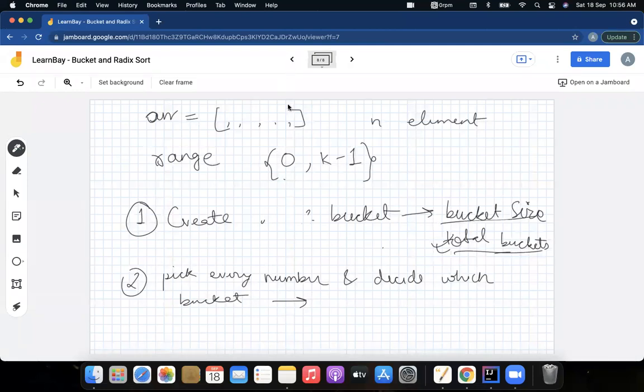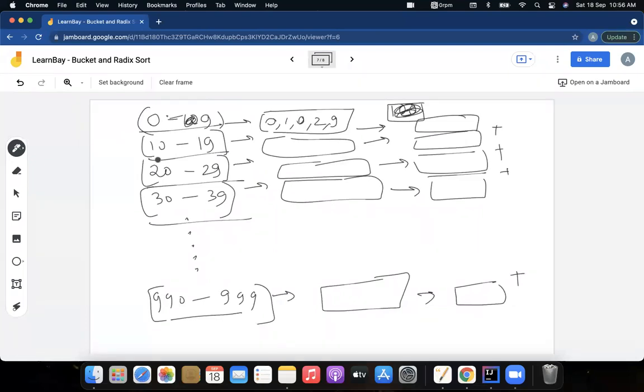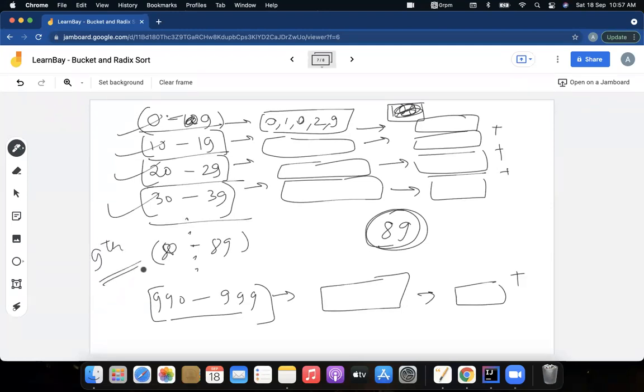But let's say this is your bucket range, 0 to 9, 10 to 19, and I give you a number 89. Will you ask all these questions? Is it 0 to 9, 10 to 19, 20 to 29? If you know your bucket size and bucket range, you can immediately figure out which bucket it will go to without asking so many questions. You know that it will fit in the 80 to 89 bucket, and that's the ninth bucket from top, right? All you need to do is use basic maths.